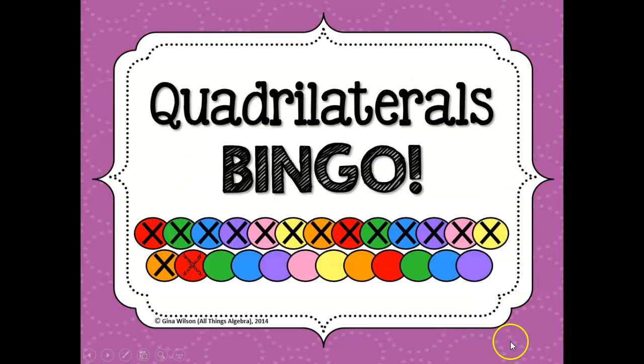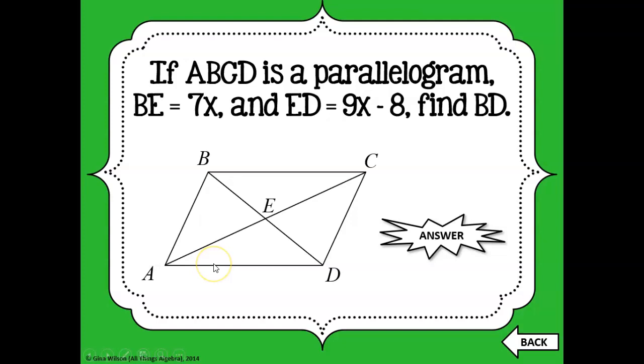Nope, not doing a perimeter one. Here you go. If it's a parallelogram and BE equals 7x and ED equals 9x minus 8, find BD. And the answer is 56.